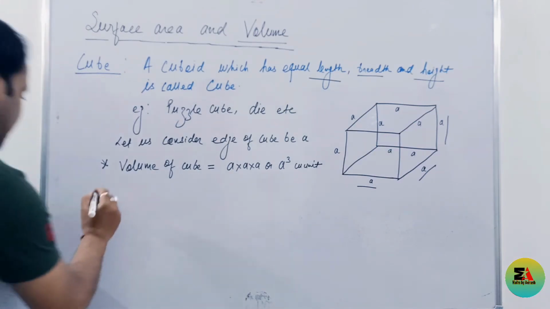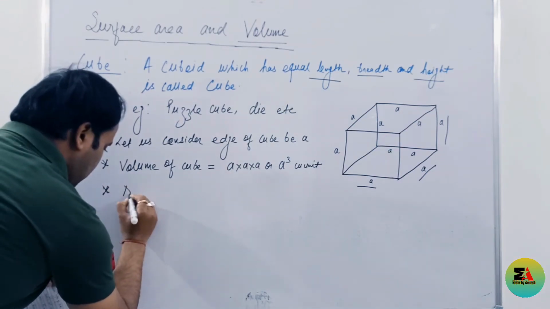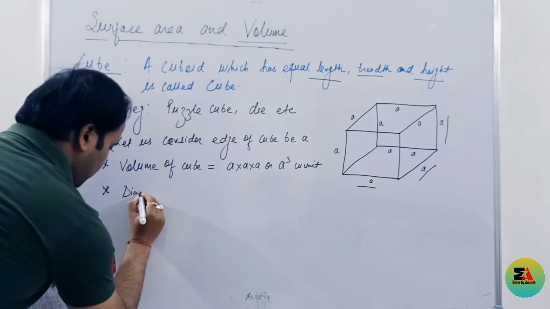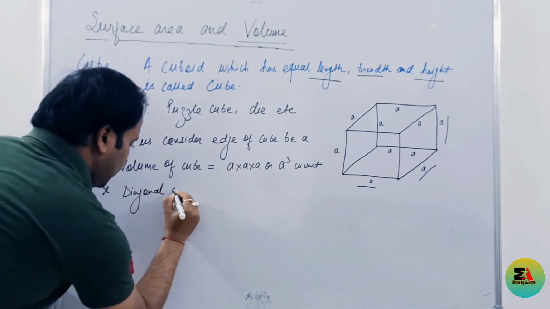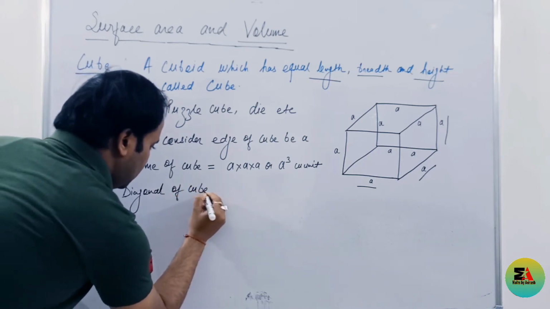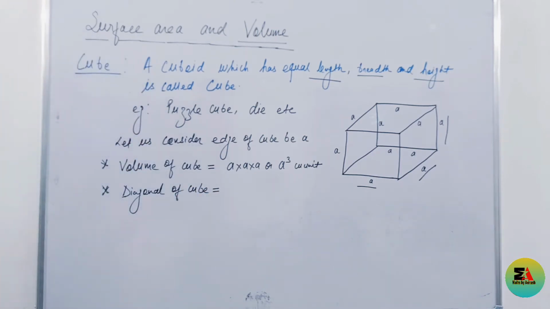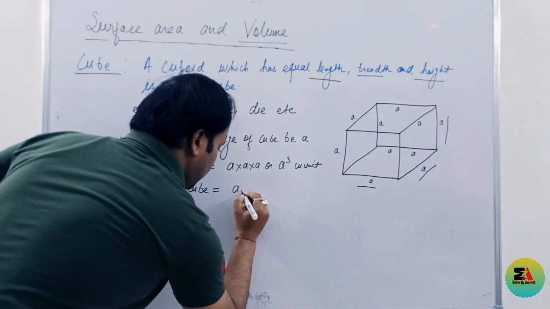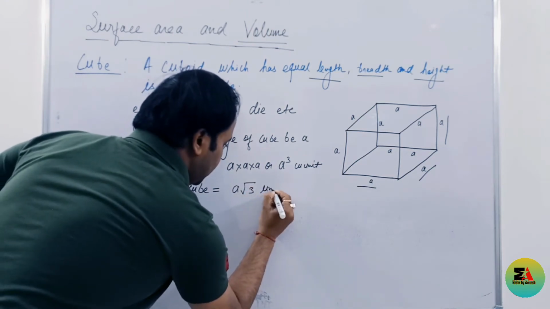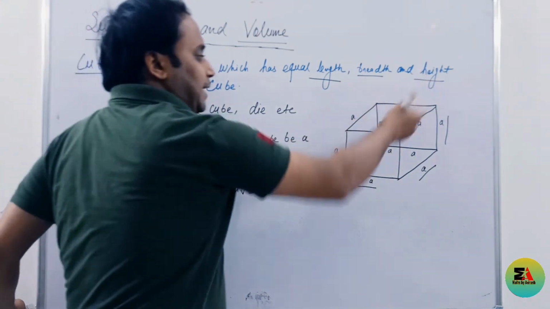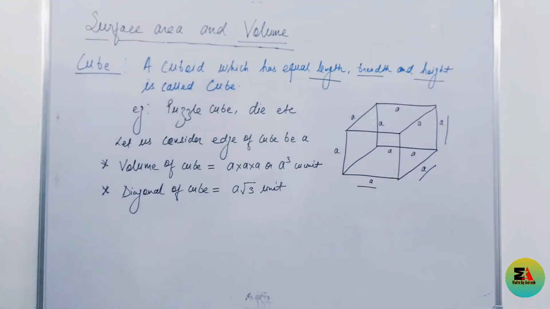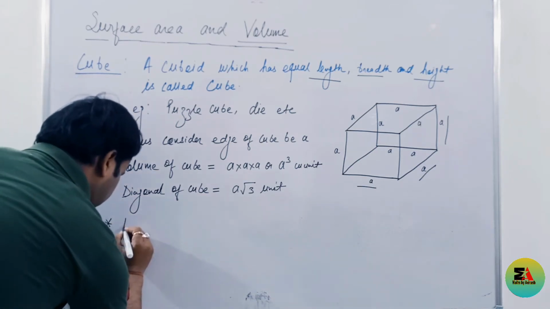Next one is the diagonal of the cube. The diagonal of the cube is A root 3 unit. We know that the diagonal is the longest side of any shape. Next one is total surface area.